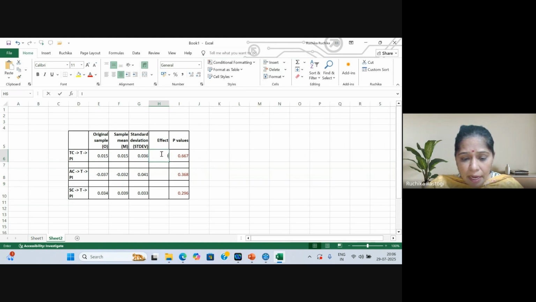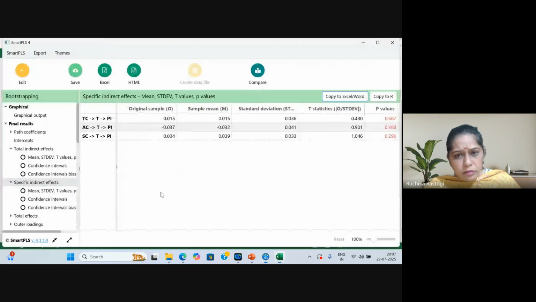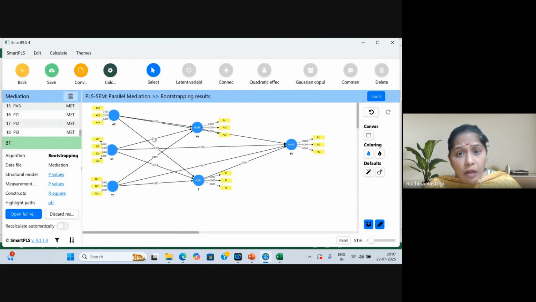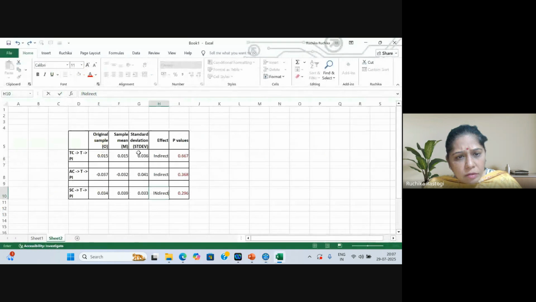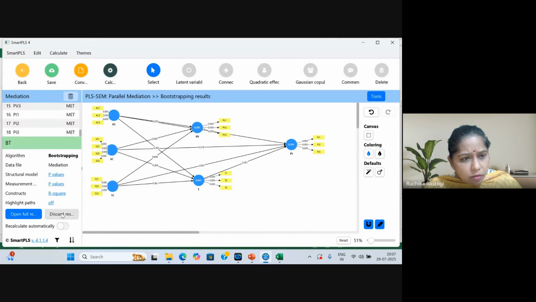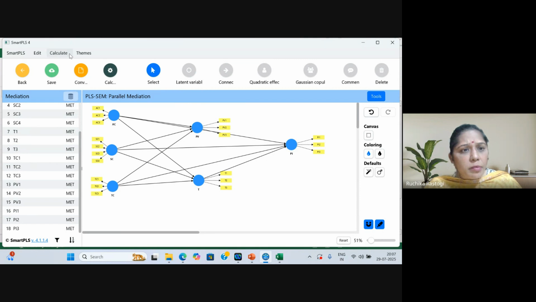So this is indirect effect. TC2PI, AC2PI, SC2PI. Just wait a minute. Let me just run it again.